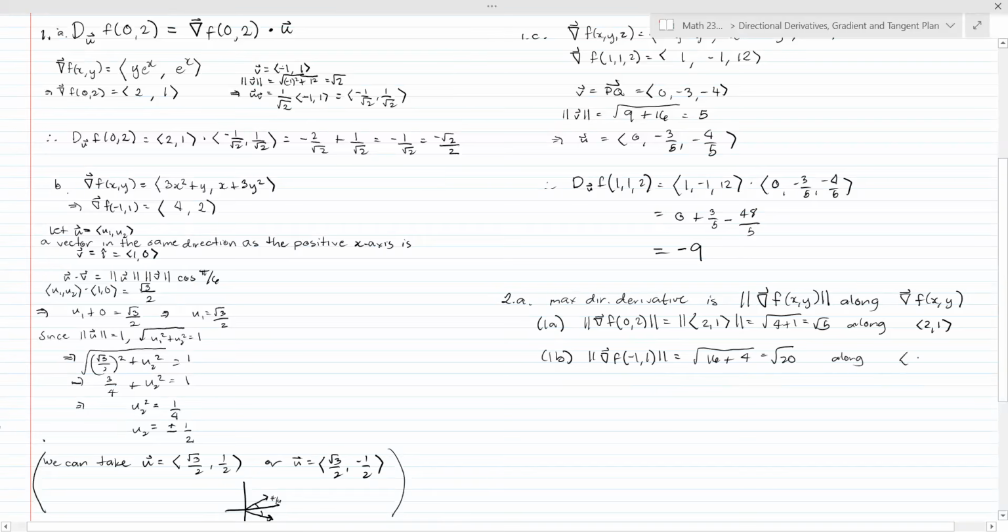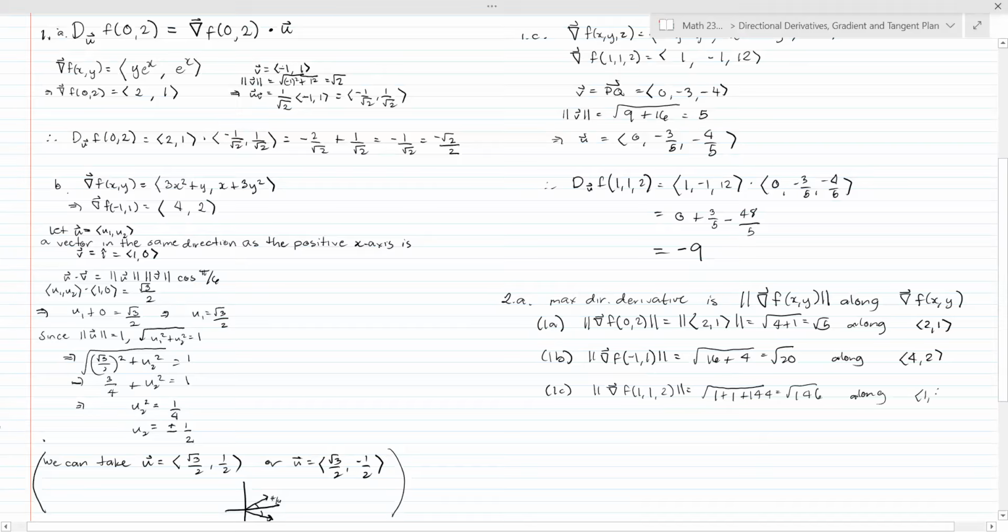And then sa C, norm ng nakuha natin gradient at the point (1, 1, 2). Norm niyan ay square root of 1 plus 1 plus 144. This is square root of 146 along (1, -1, 12).